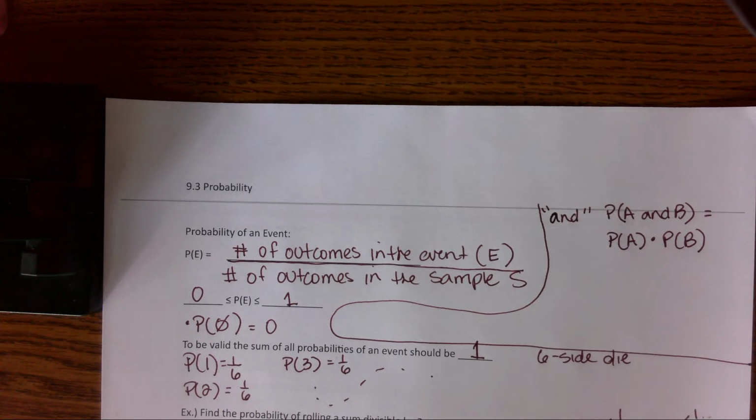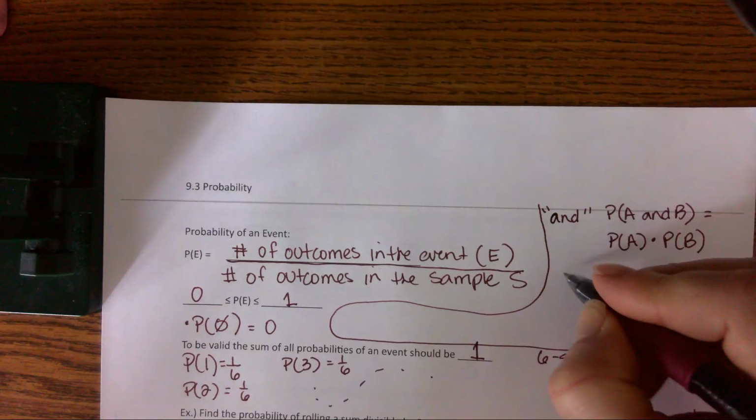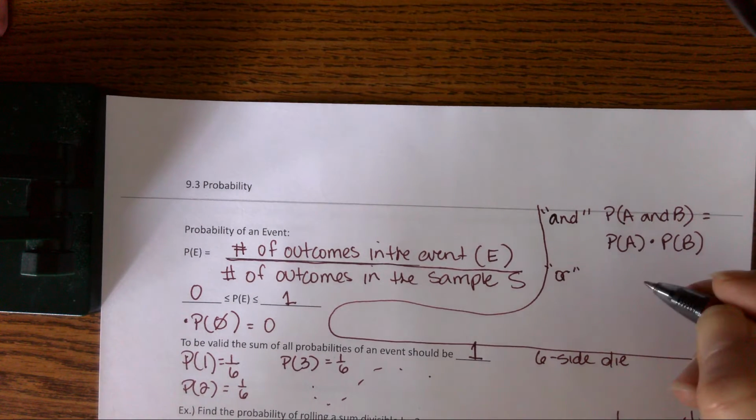We'll do something if there is an overlap, maybe not today, but we'll get to it. So, what if it's A or B? This is more when we get to some Venn diagram stuff on the back.